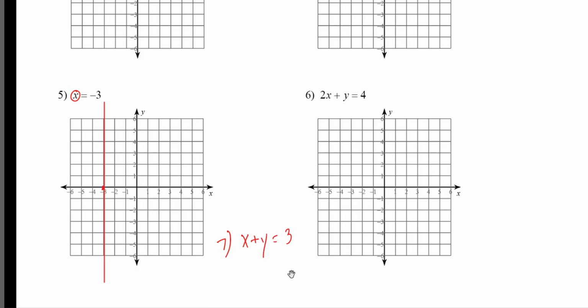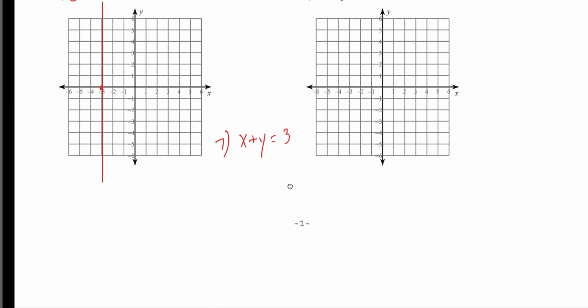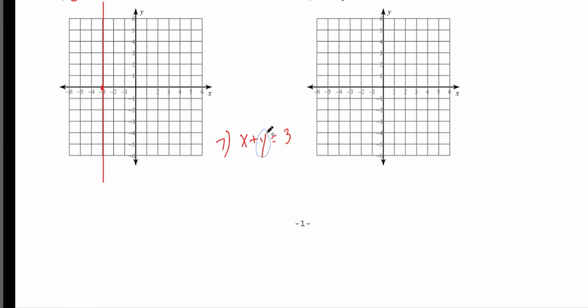So you want to put this in slope-intercept form, right? So you have to get y by itself. What do you get rid of? The x. How do you get rid of it? Subtract it. So what's it going to be? y equals -x plus 3. Let me just graph that. How do you graph it? Well, what's the y-intercept? Well, not x equals 1, but the slope is what?